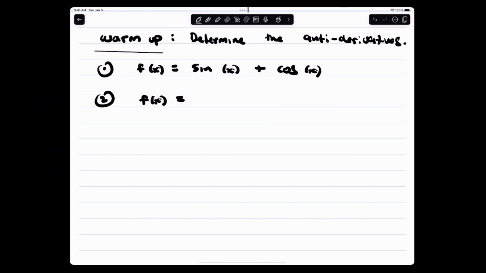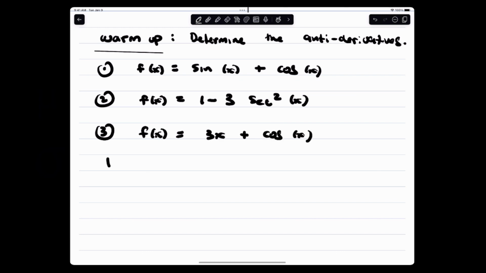F of x is 1 minus 3 secant squared. Number 3. F of x is 3x plus cosine.